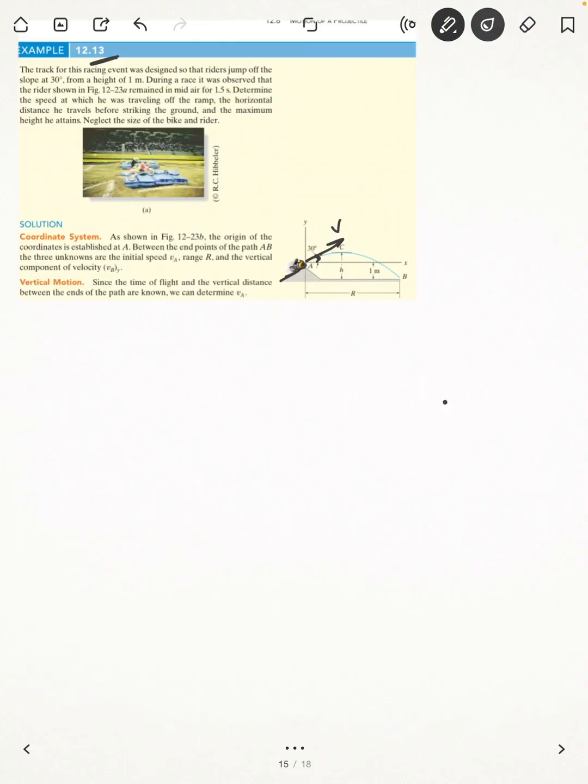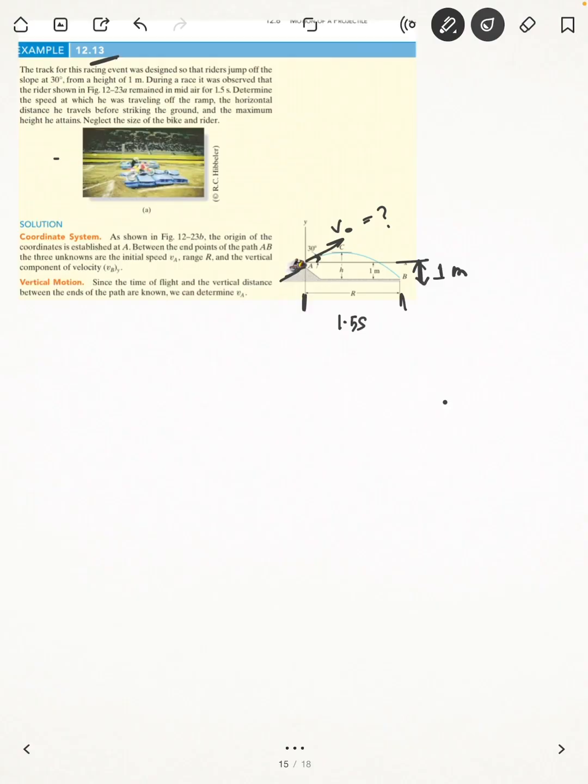And from the height 1 meter. So this x-axis height is 1 meter from the ground. Okay. During the race, it was observed that the rider shown in the figure 12.23a remained in mid-air for 1.5 seconds. So from this point to this point, the time taken is 1.5 seconds. Okay. Determine the speed at which he was traveling. That means you are asked to find the v naught.